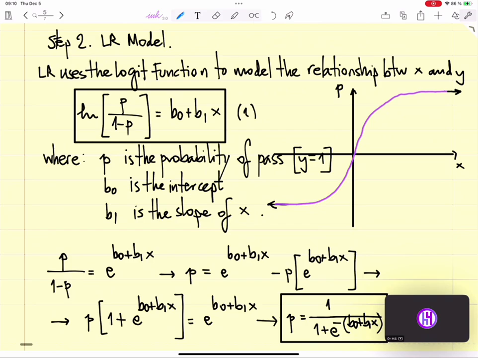Yeah, that's what we're looking at. No problem. Any more questions, please? Any more questions?